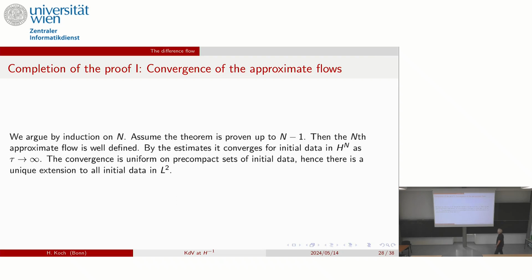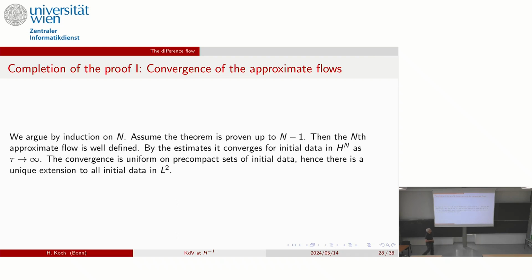And then the question is, how do you complete the proof? Well, we do induction by n, because this approximate flow involves the Gardner flow at one lower level, so we have to do induction by n. So then the nth approximate flow is well defined.